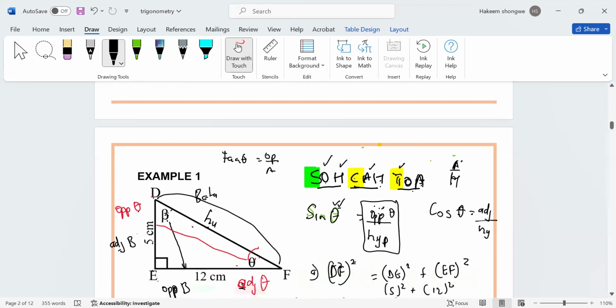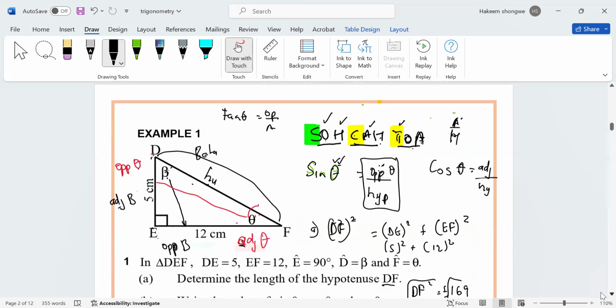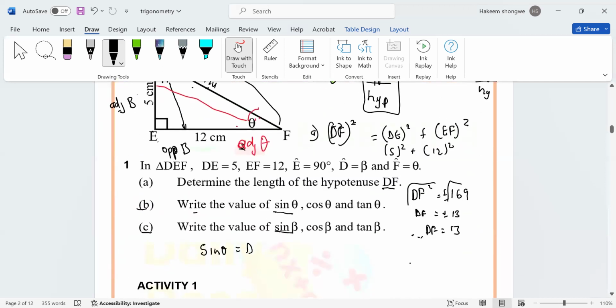Are we together? Now, what is opposite to theta? Come and check here based on what we said. It's DE. So I'll write this as DE all over the hypotenuse side.